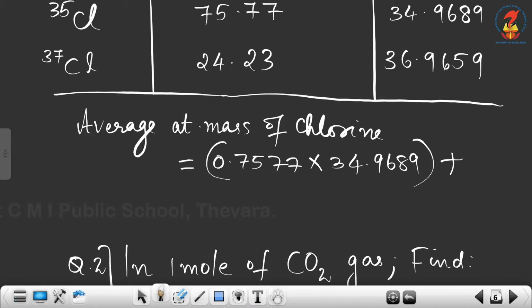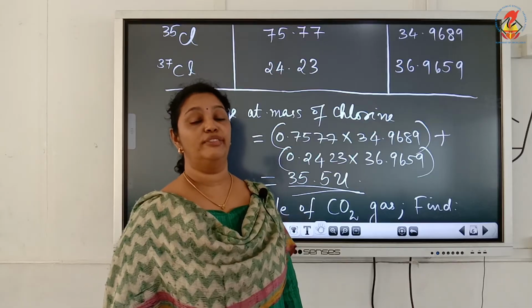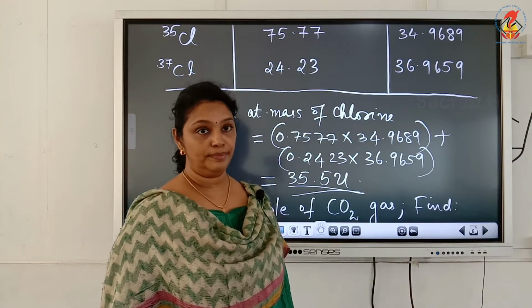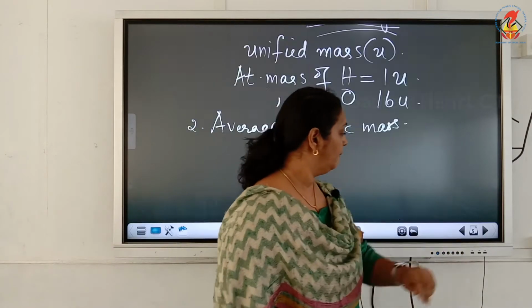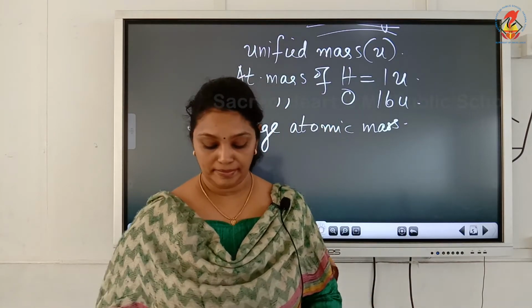I'm going to change that percentage, so I get 0.2423 into 36.9659, and you get the answer as 35.5 u. So this is the average atomic mass of chlorine, 35.5 u.